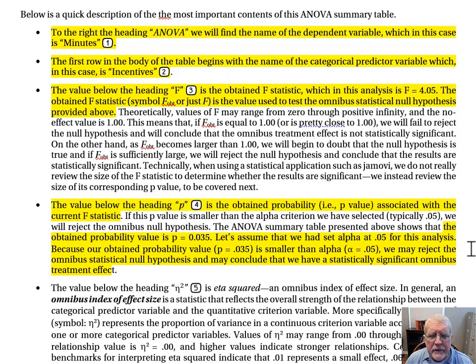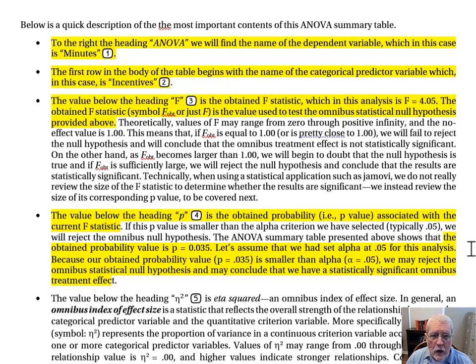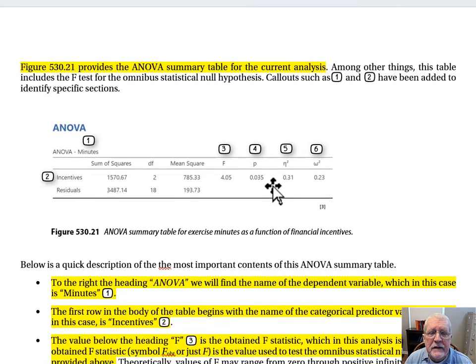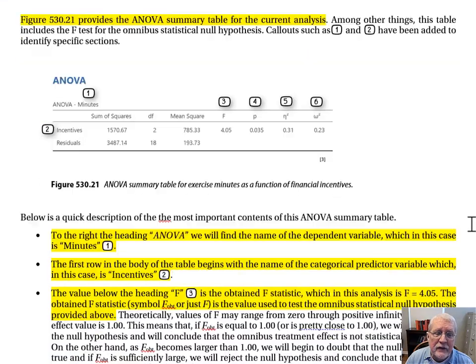Because our obtained probability value of 0.035 is smaller than alpha 0.05, we can reject the omnibus statistical null hypothesis. We may conclude we have a statistically significant omnibus treatment effect. Now that is good news. The fact that our p-value is less than 0.05 means we have a statistically significant omnibus effect. It means there must be some kind of difference between at least 2 of the means. We don't know which 2 specific means, but at least we have our omnibus significant effect that we wanted.